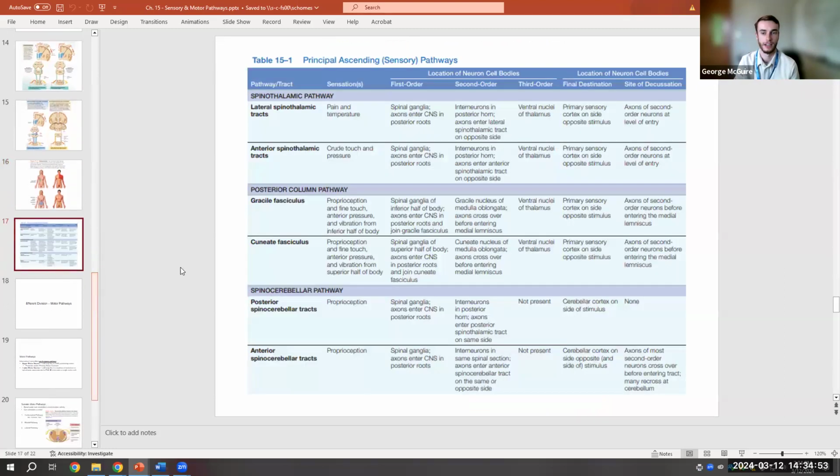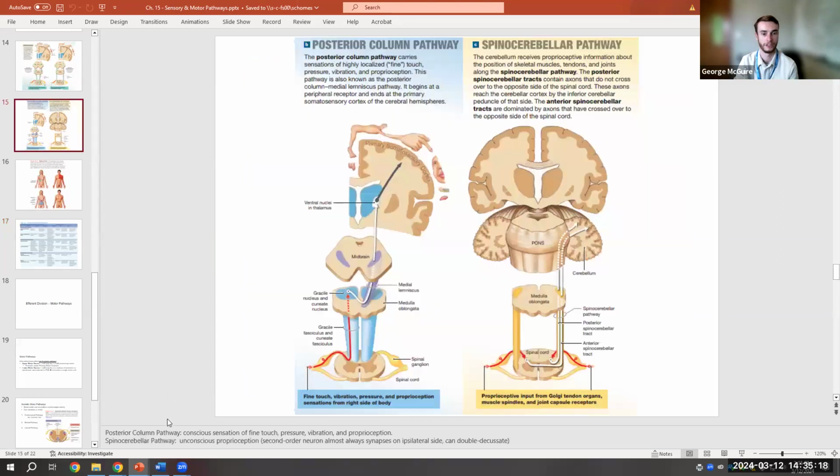Right. And this is a reference table showing the 2 different tracts for each of our pathways. So again, looking at the study guide, from what I described, you should know a majority of the details about the posterior column pathway. So how the three different neurons travel, like the passage of their axons, where they decussate, and then the function and type of sensory info.